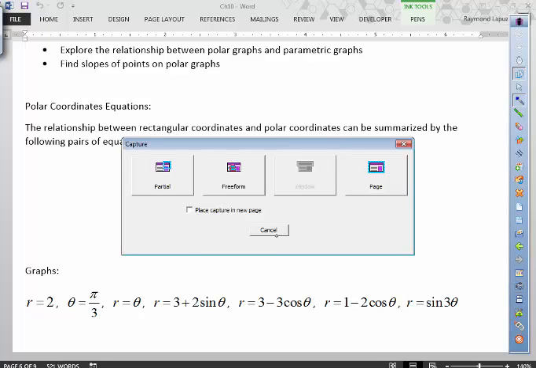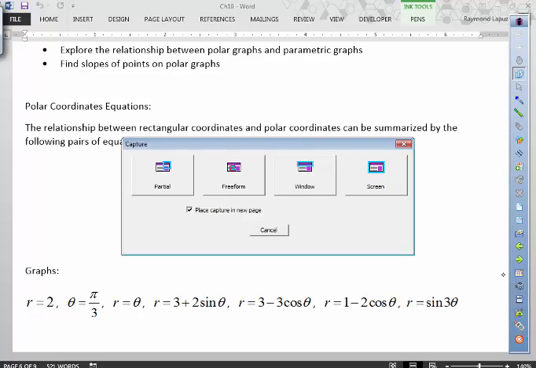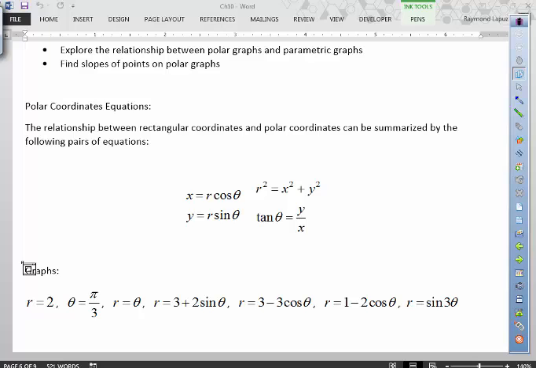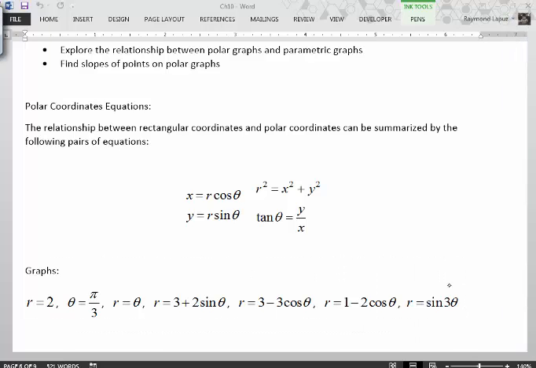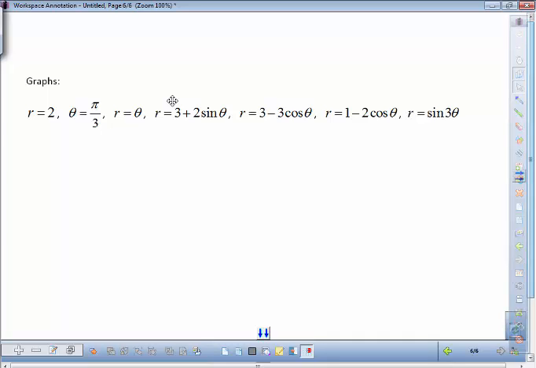Let me just copy the whole thing on a sheet and see if we can picture what the graph should look like. And if it gets too hard to picture what the graph looks like, we'll ask our calculators to figure it out. r is equal to 2.